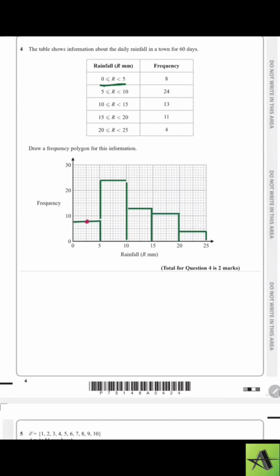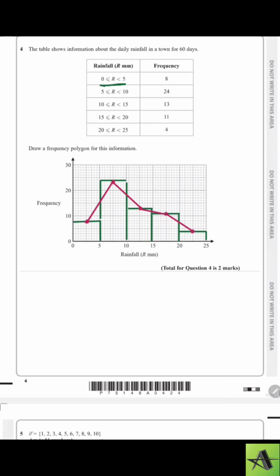Once we are done with drawing the histograms, I have to take the midpoint of the surface. So midpoint of the surface is this one, then this one, then this one, this one, this one. And I just need to join them together. It will give me this, this, this, and this.